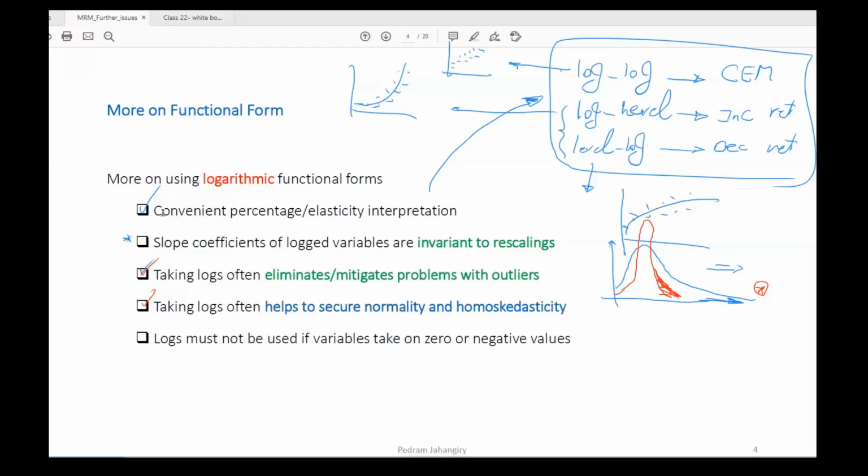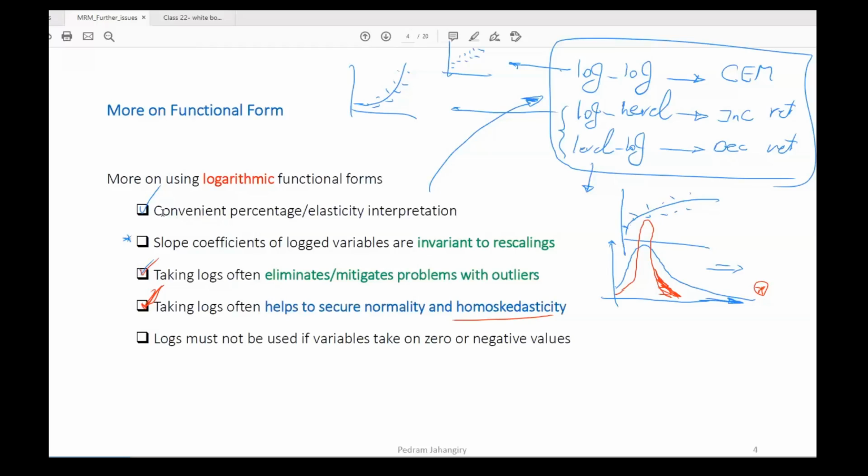And if it is normal, we can deal with homoscedasticity as well. Sometimes the data is heteroscedastic. If we do the log transformation, the distribution of the residuals is going to become normal, and then we can get rid of that heteroscedasticity. You've also seen this in one of the homeworks. You were supposed to look at the residual plot, the histogram of the residuals for wage versus log wage, and you saw that for the log wage it was normally distributed.